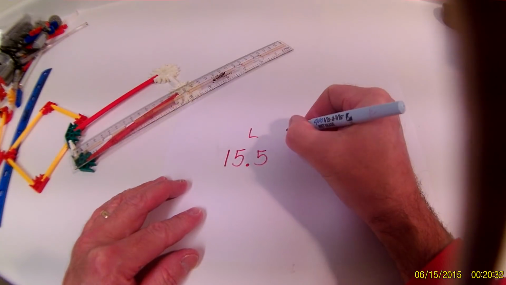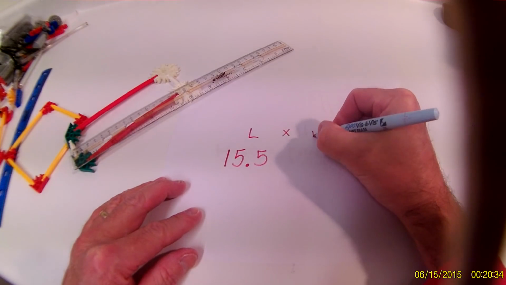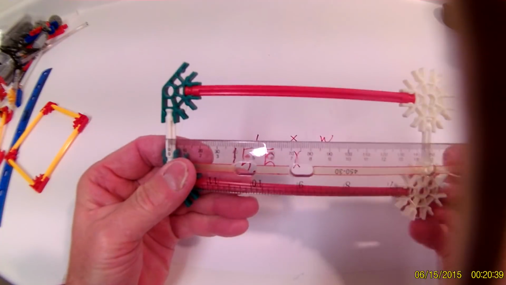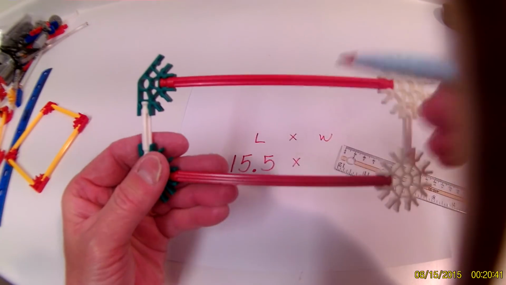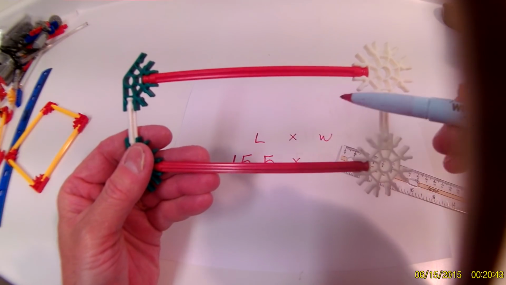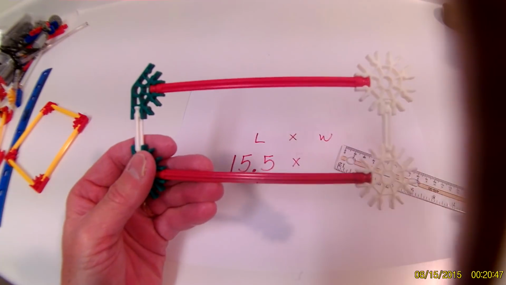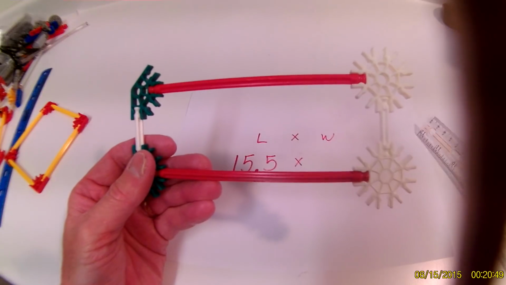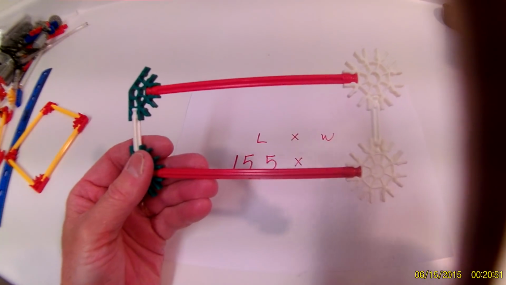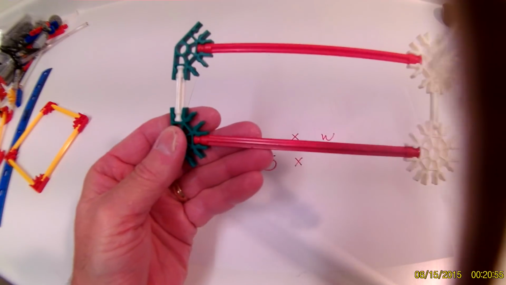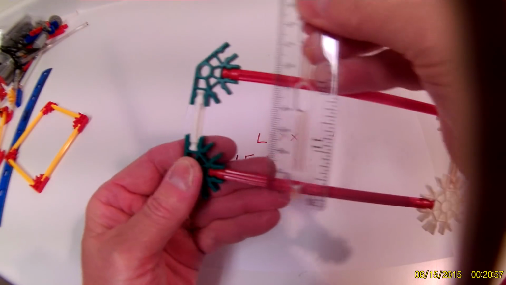And then we know our formula is length times width. So now my width, okay, is going to be from the red rod to the red rod, outside to outside. So when I measure that, I put my ruler on there, and because it's a rectangle, it's parallel, so I can measure here, here, here.